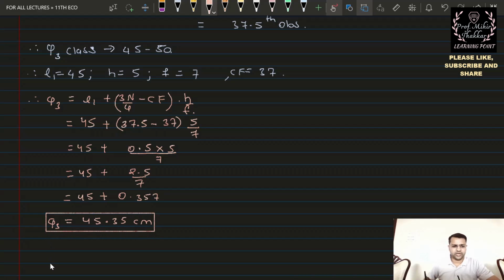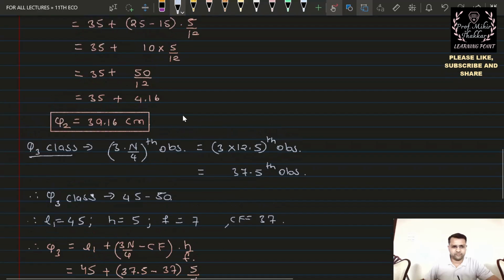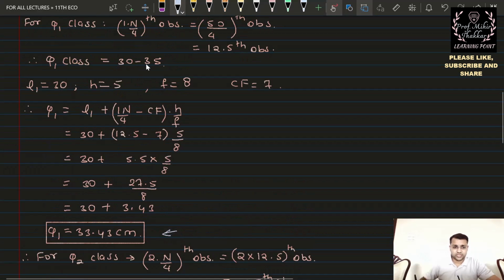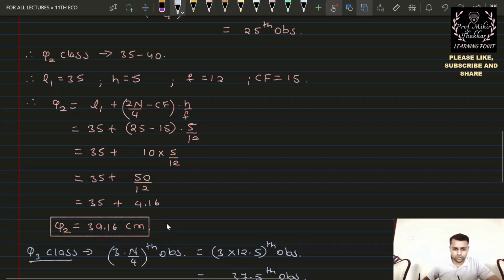Do not forget to write down the units ever. Units are very important. Now, one very important point that you should understand from here is regarding the answers for the quartiles that you are getting. Q1 is 33.43. It belongs to the class 30 to 35. Q2 value 39.16 belongs to the class 35 to 40.